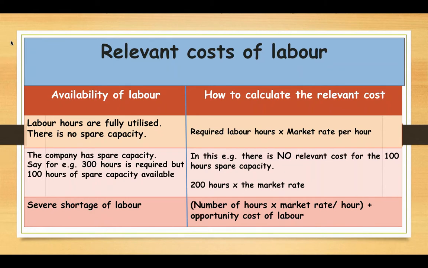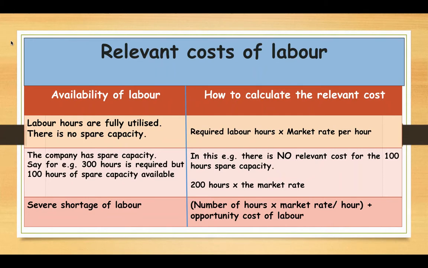So we'll see the first situation. Here, the company has utilized the labor hours fully. That means that there is no spare capacity. So if the company has to undertake a new contract or new project, then they have to hire new staff.